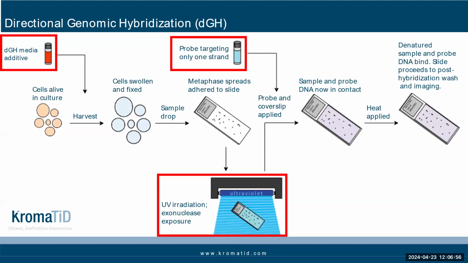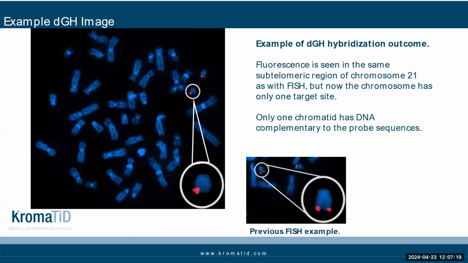These are the 3 principal steps at which DGH differs from FISH. Analog nucleotides are applied to the culture medium, substituted strands are exposed to UV and exonuclease to degrade them, and a probe targeting only one strand is applied to the sample. The rest of the steps resemble a typical FISH assay. The larger figure on the left shows an example image of a DGH hybridization.